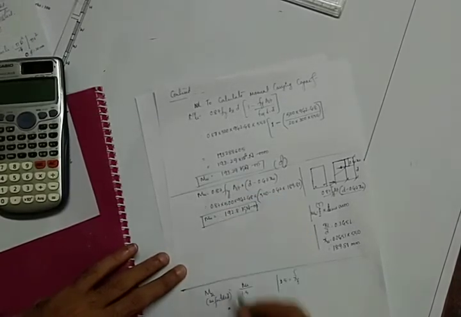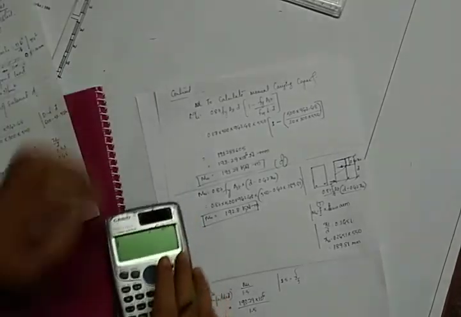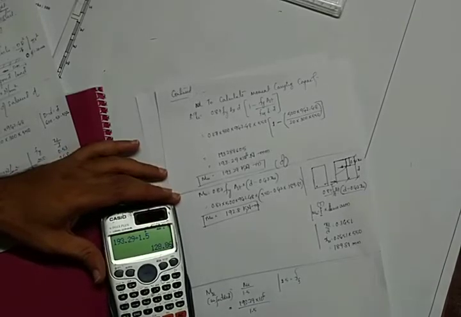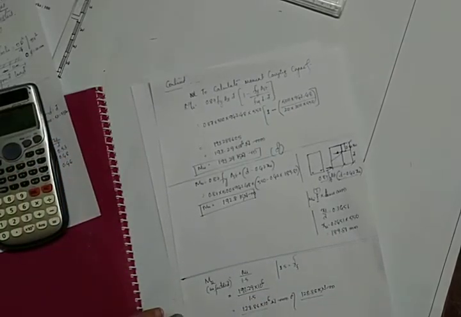So the mu is calculated 193.29 into 10 power 6 divided by 1.5. So directly we will write this as 128.86 into 10 power 6 Newton millimeter, or 128.86 kilonewton meter. So you can take this value or this value based on the unit. So this is one part.